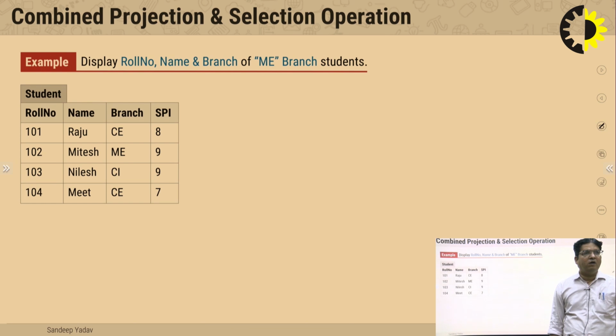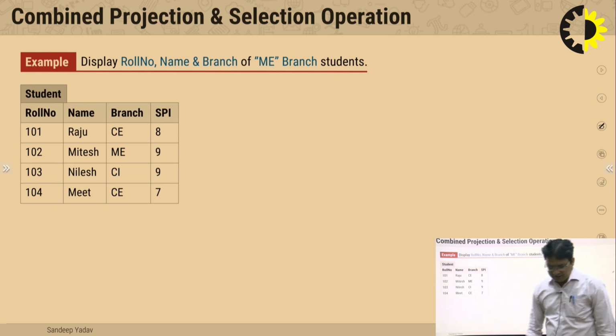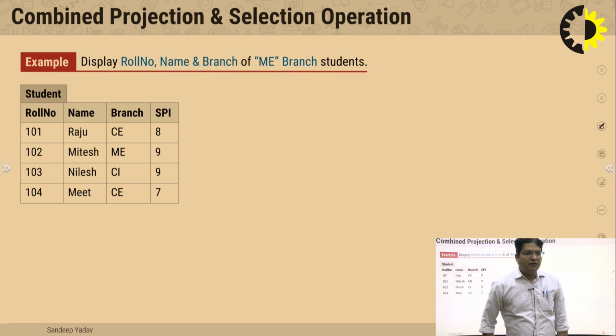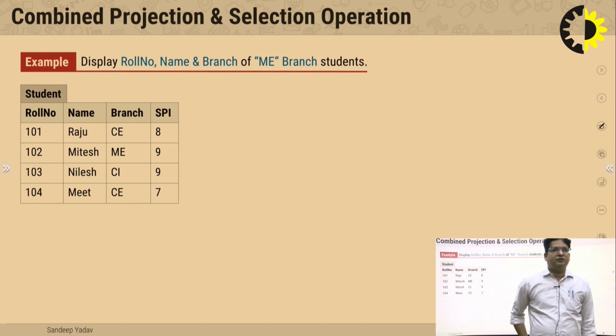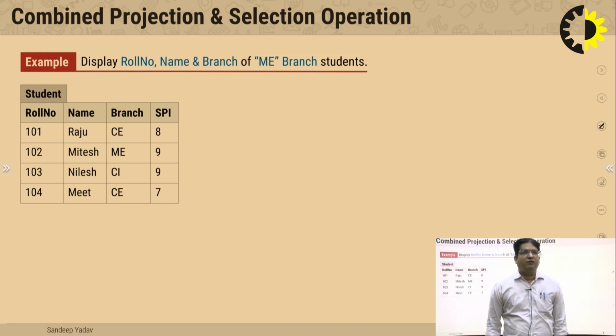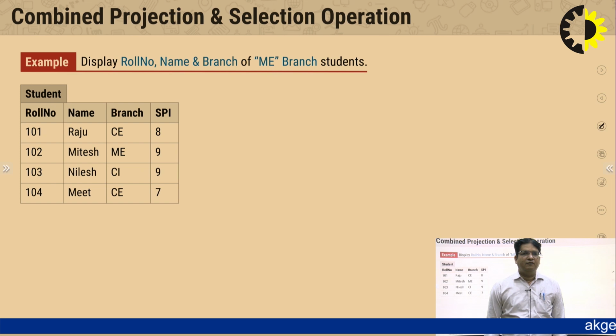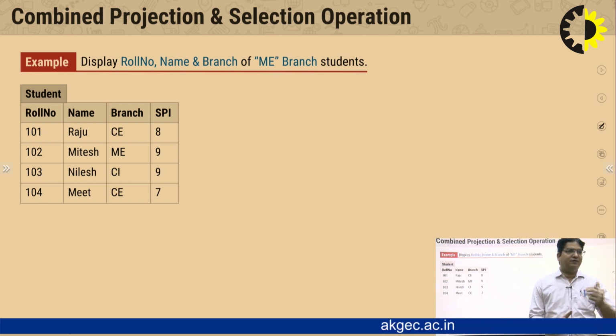Now let us see, in actual real time our approach is to make use of both the selection as well as the projection operations, because we want horizontal partitioning as well as vertical partitioning. We want to find out certain attributes based on certain conditions. For example, you want to display the name and branch of mechanical branch students only.